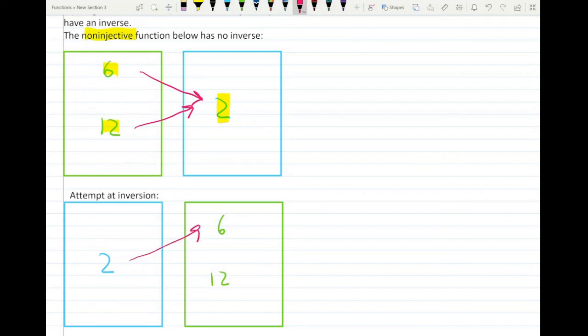How are we supposed to map 2 back to something if there are 2 possible options? We can't. And that's why we need injectivity. We can't have these inputs that are combining into one output. Otherwise, if you try to invert it, you get an input that tries to branch out into 2 outputs, which makes it not a function.